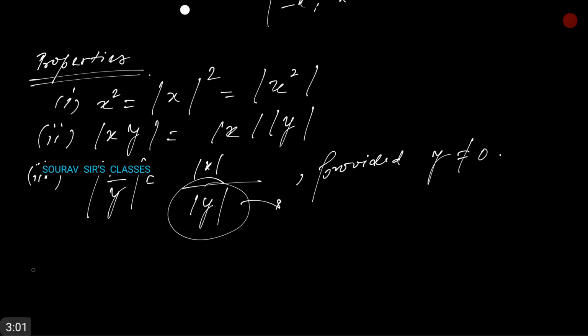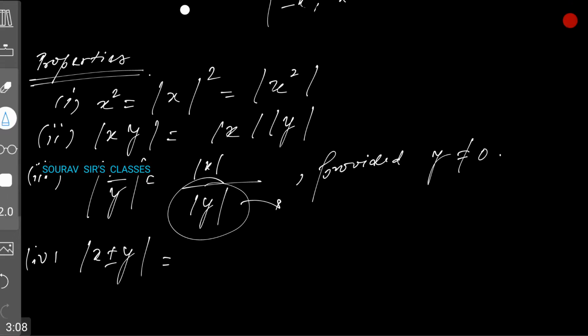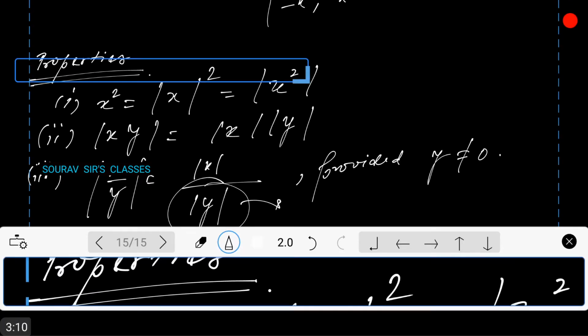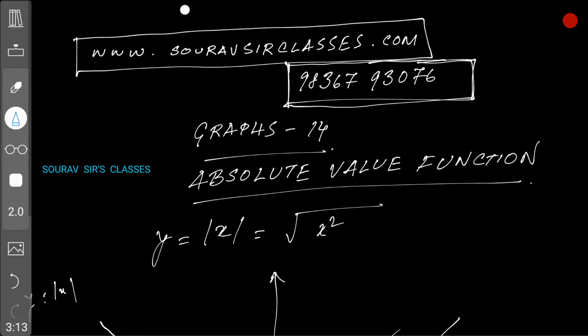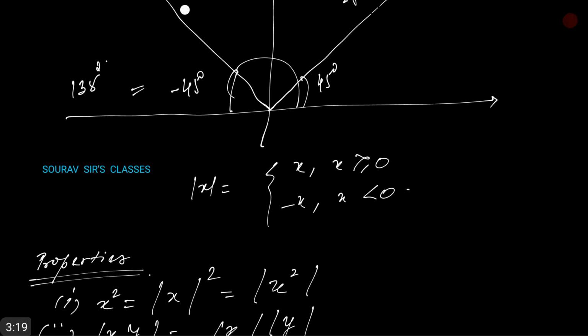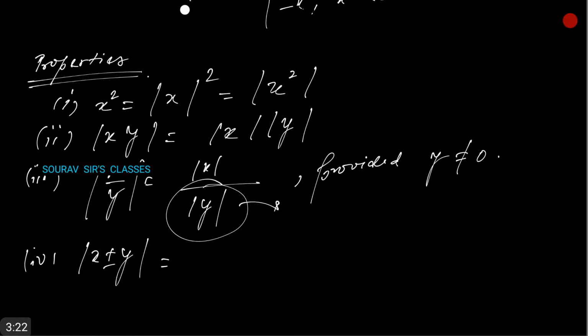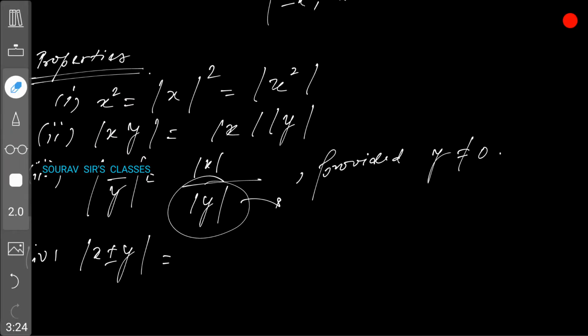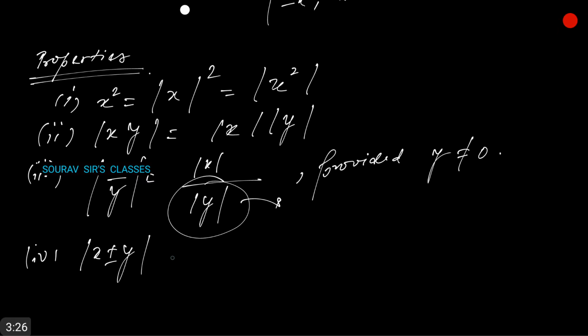And property 4 is modulus of x plus minus y is less than or equal to modulus of x plus modulus of y.